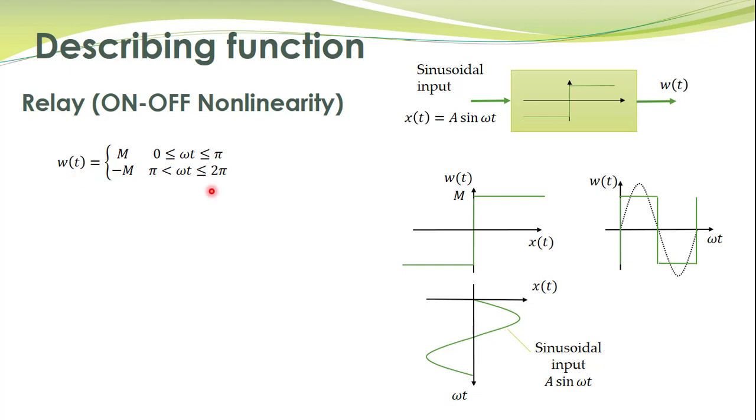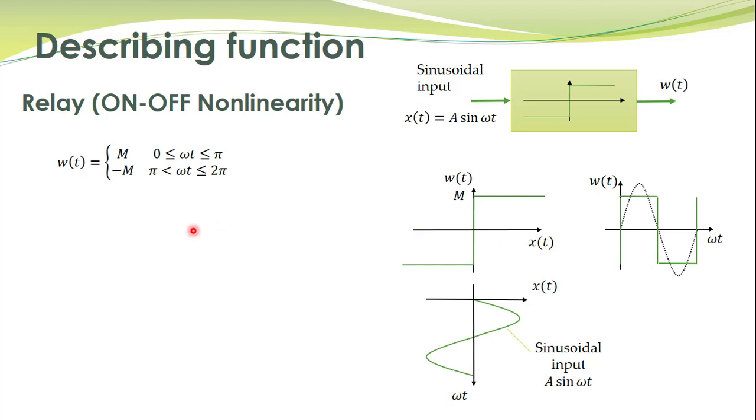What is this nonlinearity? This is an odd nonlinearity, and this function w of t, if we extend it in the negative direction, what is this function w of t? It's also an odd function, right? So for an odd function, what is a1?